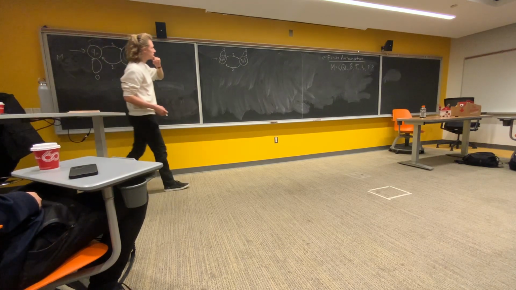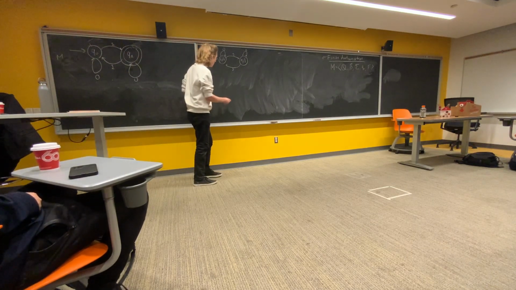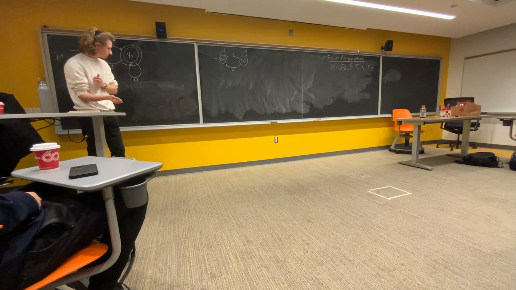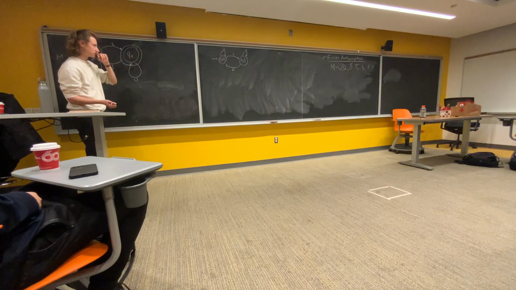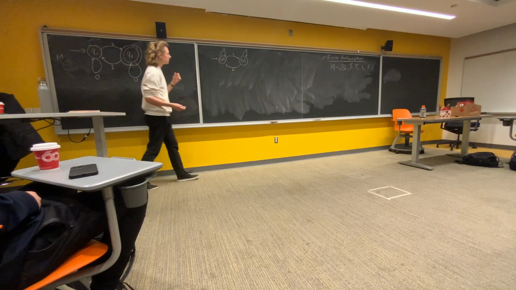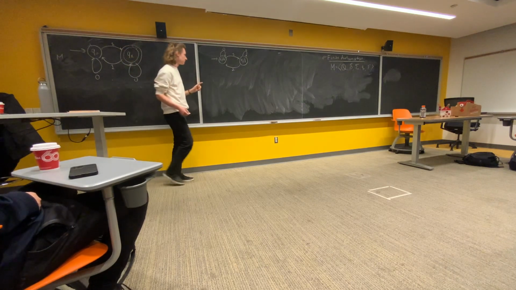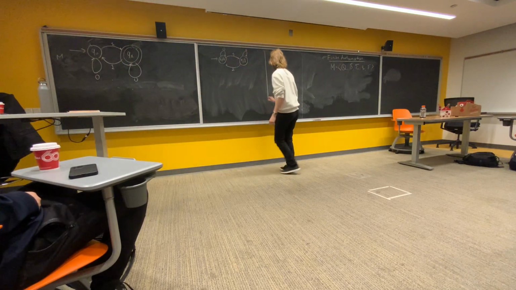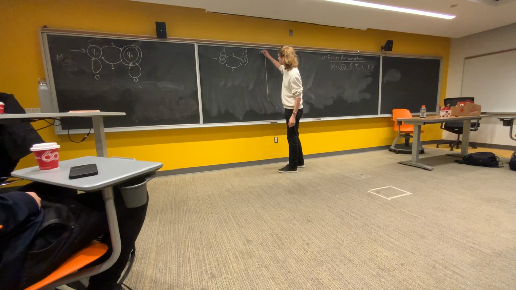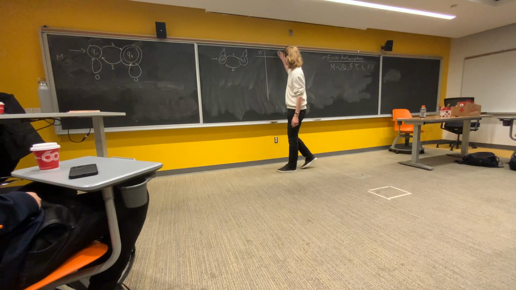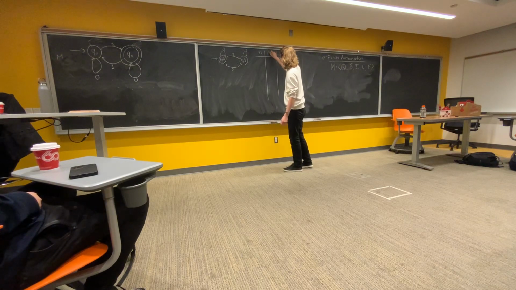Okay, but here's what I'm going to do. I'm going to take this automaton and get a sequence out of it. How am I going to get a sequence out of this automaton? Well, because this accepts binary strings, I'm going to look at all natural numbers n and look at their binary representations.